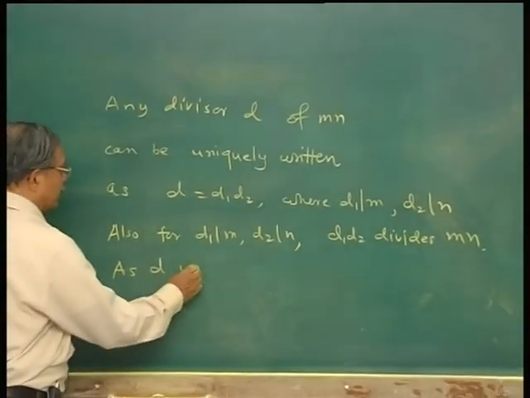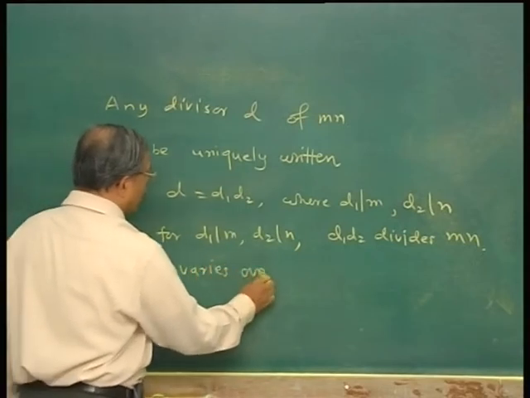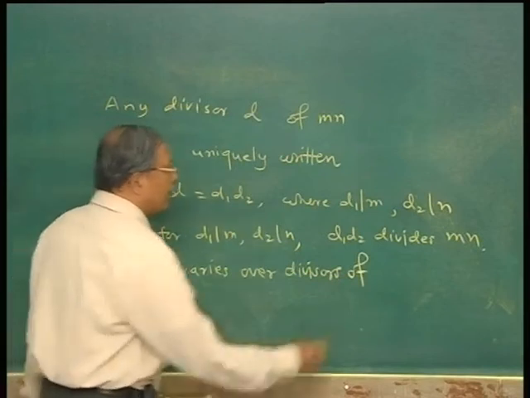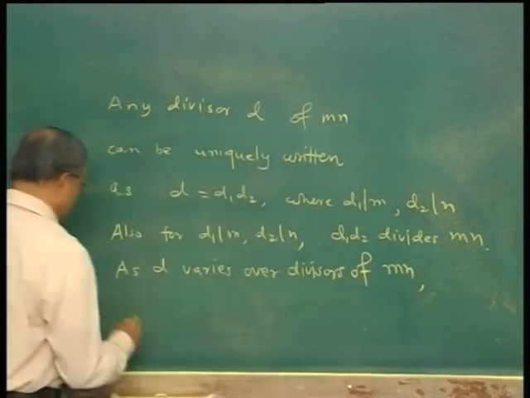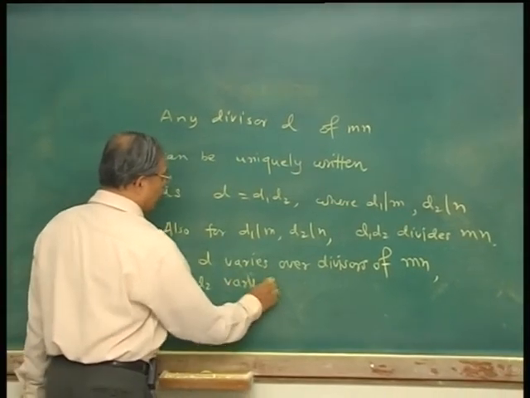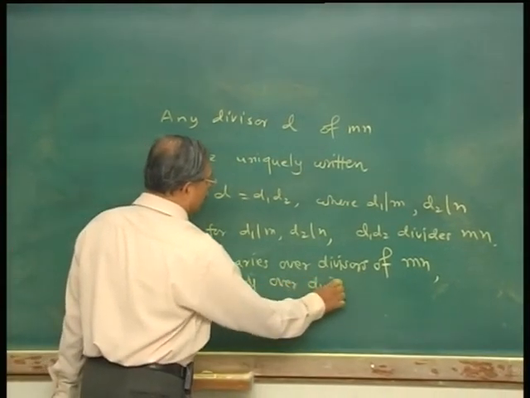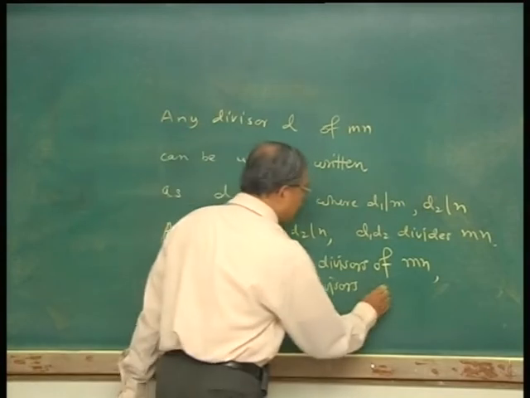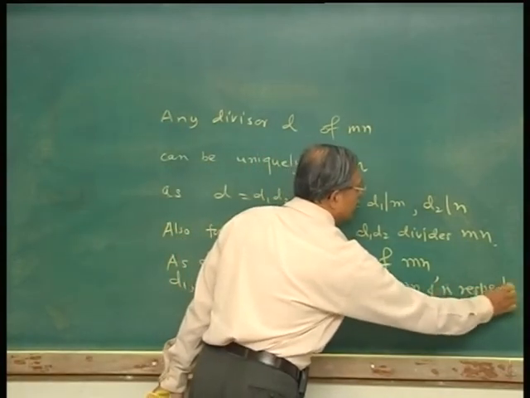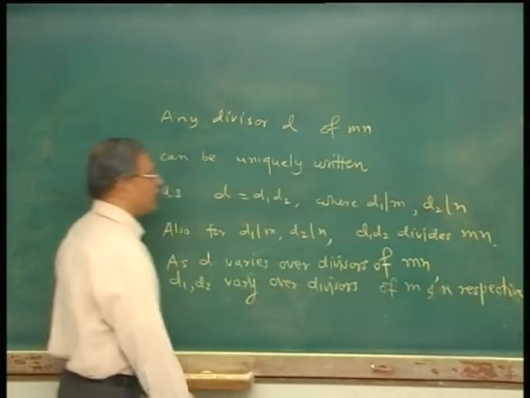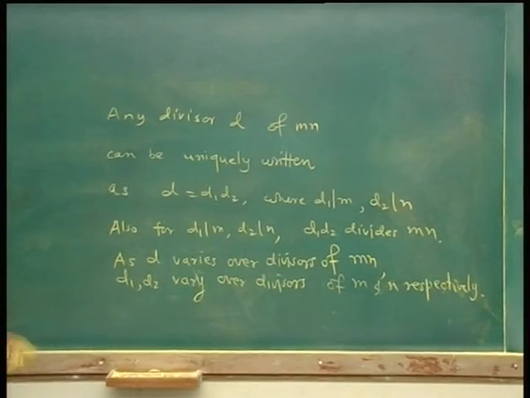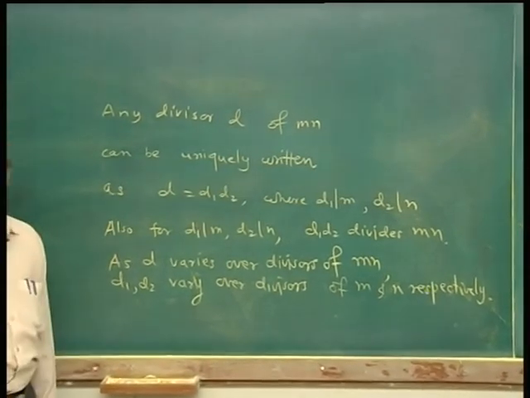As d varies over divisors of mn, d1 and d2 vary over divisors of m and n respectively. So d1 varies over divisors of m and d2 varies over divisors of n.